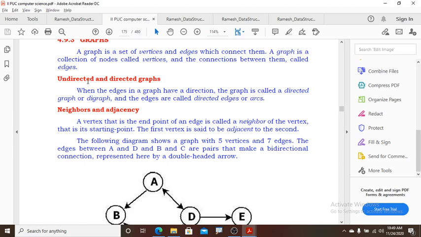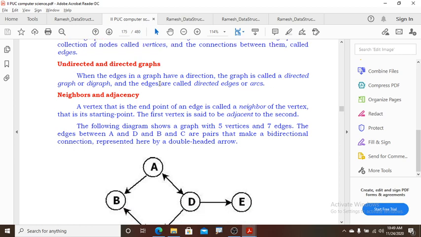Okay, so undirected and directed graphs. Directed: when the edges in the graph have direction. This graph contains edges that have direction, this arrow mark symbol from here to here. Now suppose I take one node, and now another node.